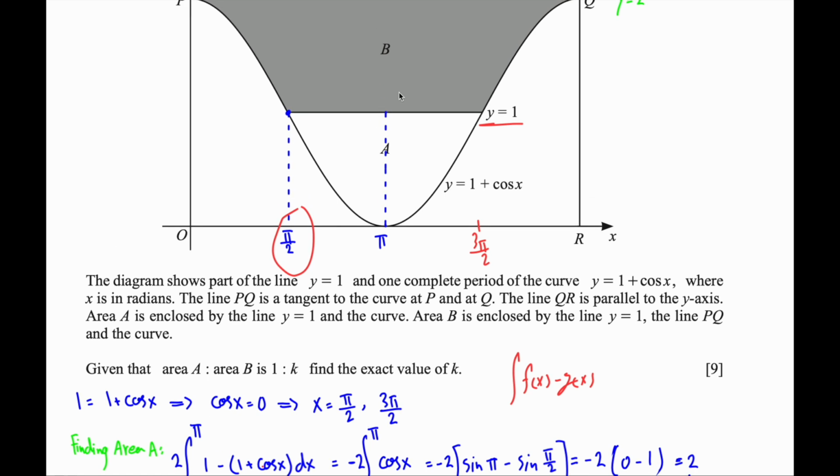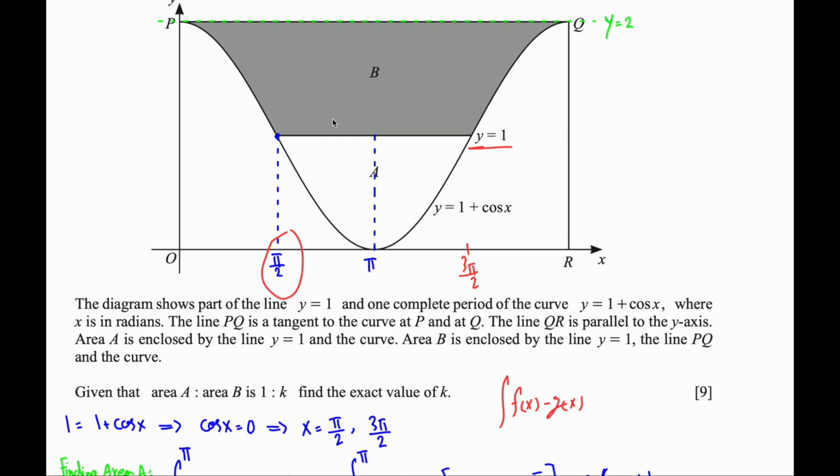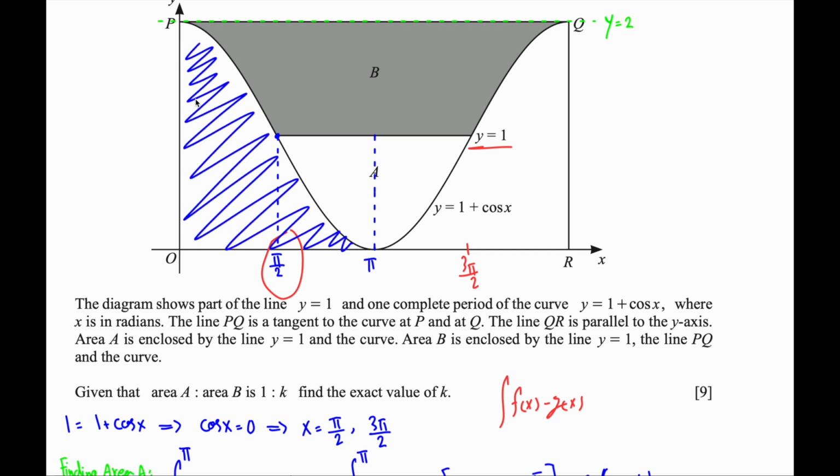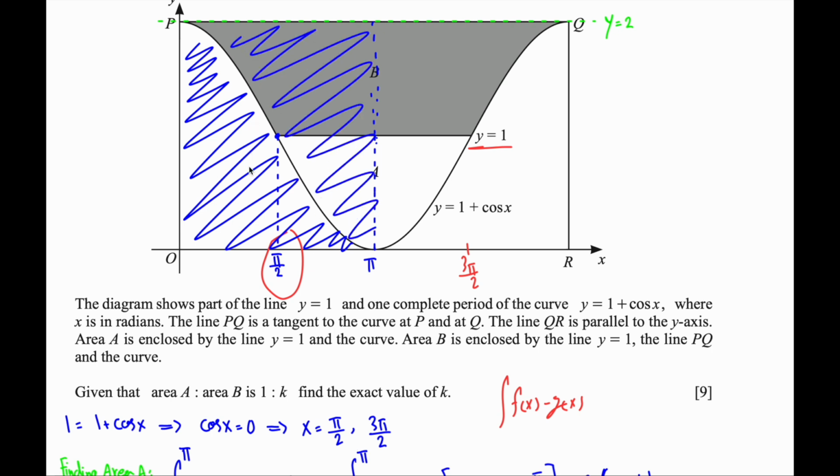Now finding the area of B is a little bit tricky. So here what I'm gonna do, I'm gonna find this area. And now you might be wondering why I'm finding this, because again, due to the symmetrical shape of this curve, this region is the same as this region. And then once I find that, I'm gonna subtract A from it.